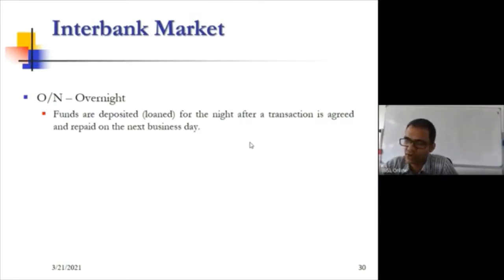So you lend or borrow only for a single day, starting from today. That is called overnight, just for a single night.